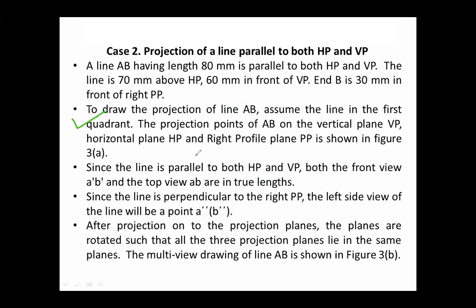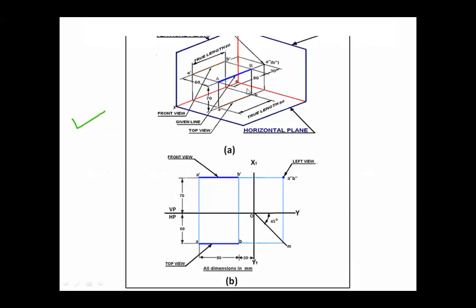Okay, so first of all you locate that. What is the line? So this is it. This is the line. Understand? It is 30 mm away from this profile plane. 80 mm is its length, 60 mm away from the vertical plane.